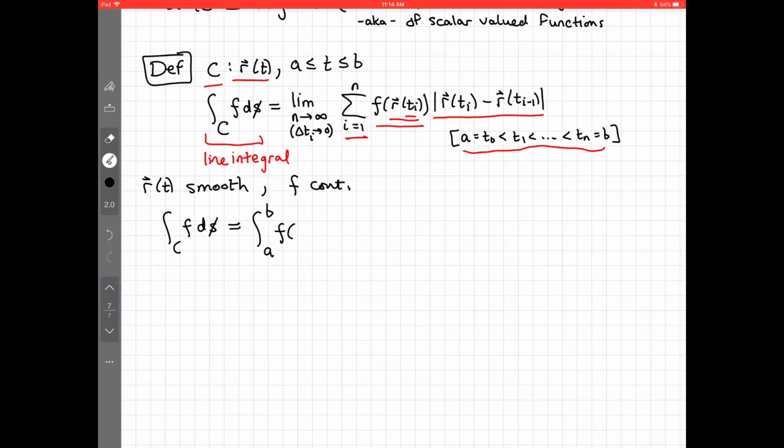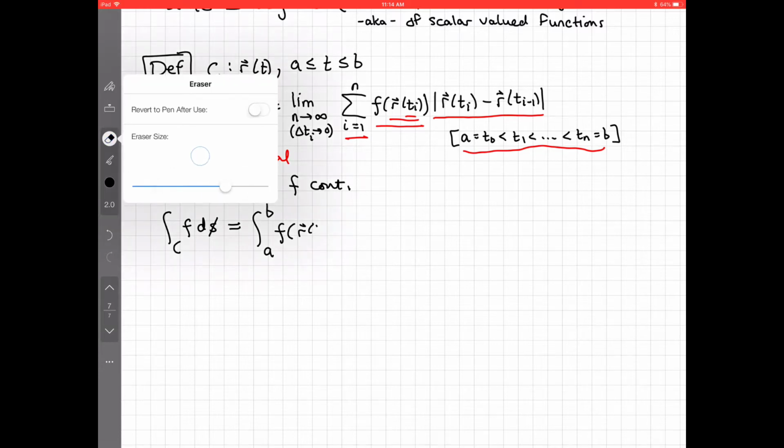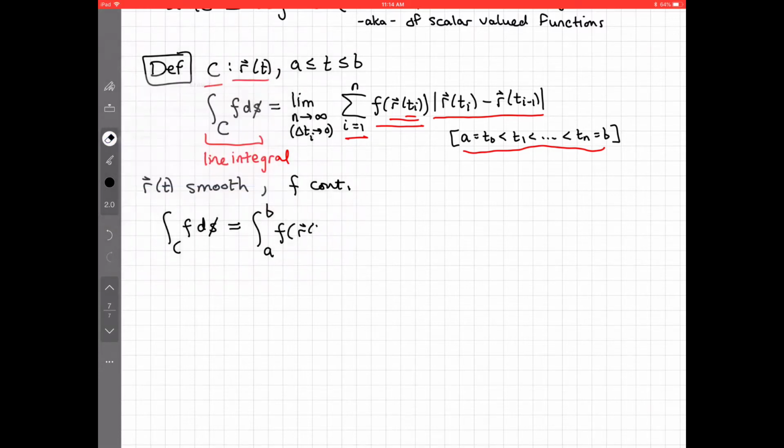Okay, how about f? Well, we want to plug points along our curve into f, so f of r of t. And then what's ds? Well, ds represents a chunk of arc length.